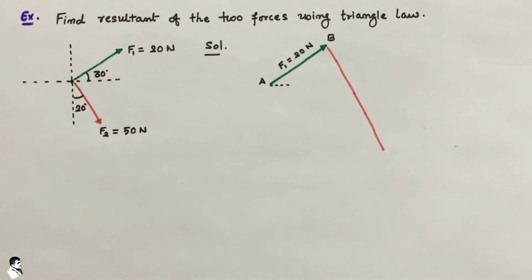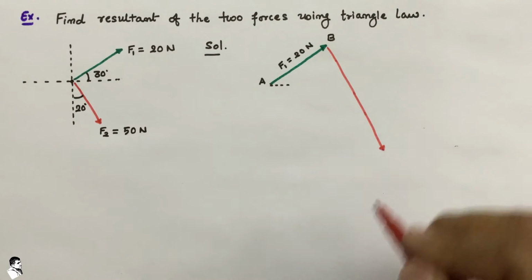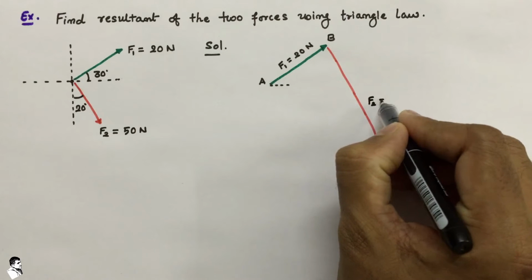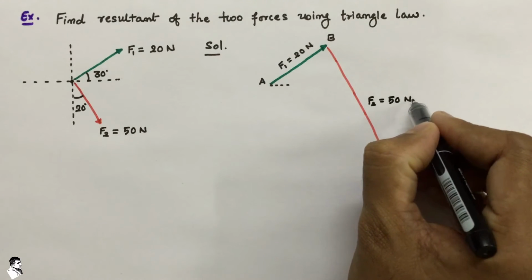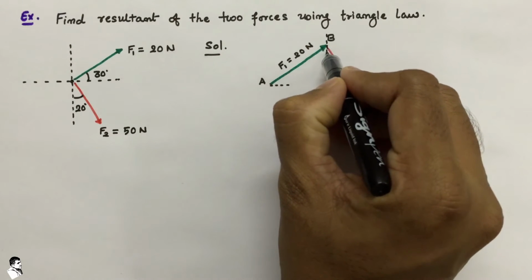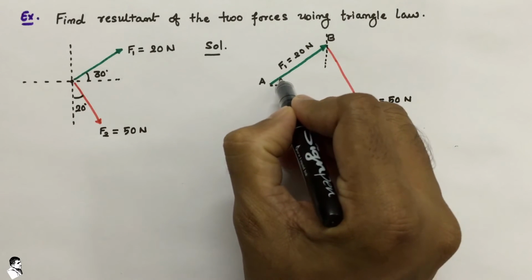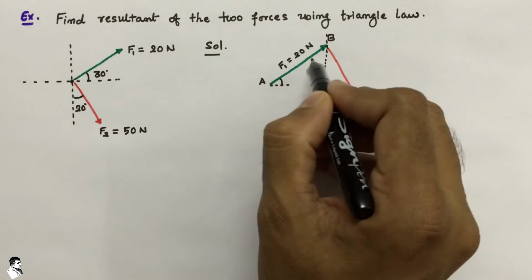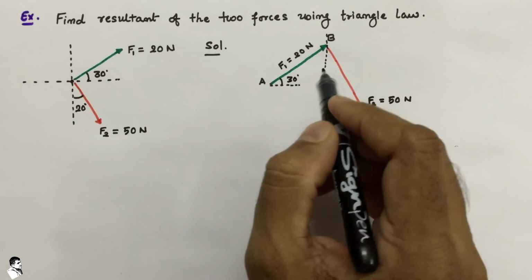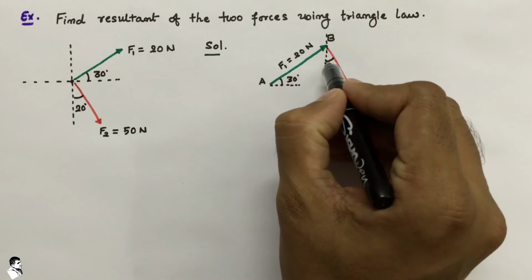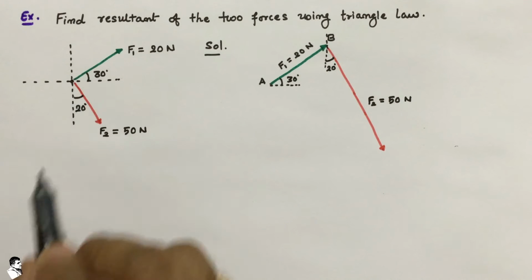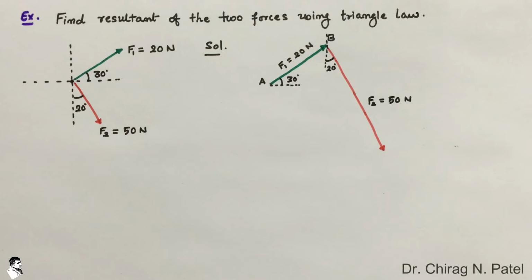So let us draw a proper line with the proper length, and we write down this is our F2 is equal to 50 Newton. Now we know this is the axis and both the lines. While drawing this line, we have to maintain theta equal to 30 degree with the horizontal, and here we maintain a 20 degree angle with the vertical, as given in this case, right?